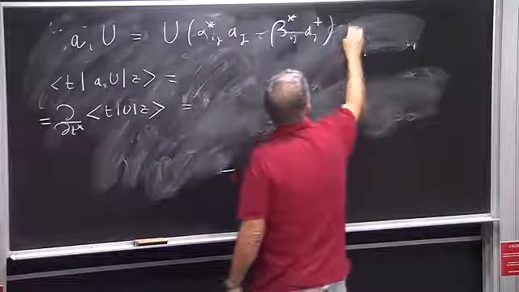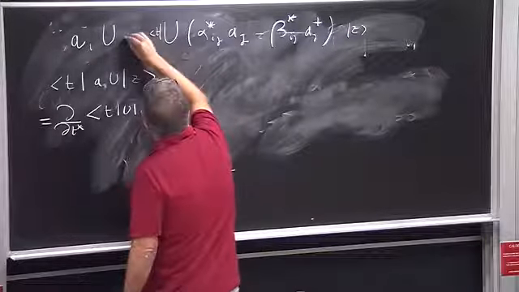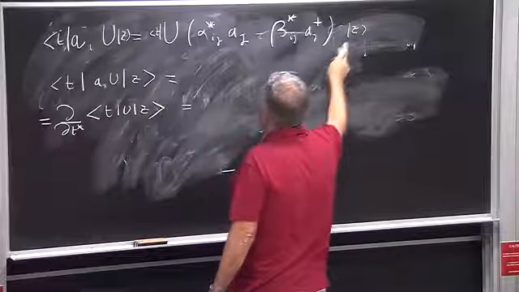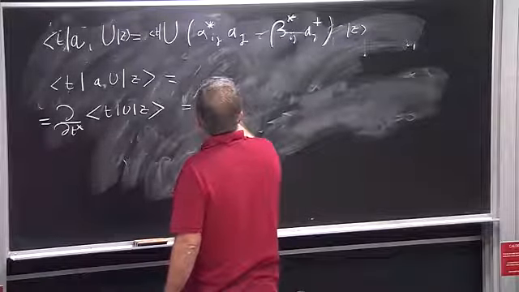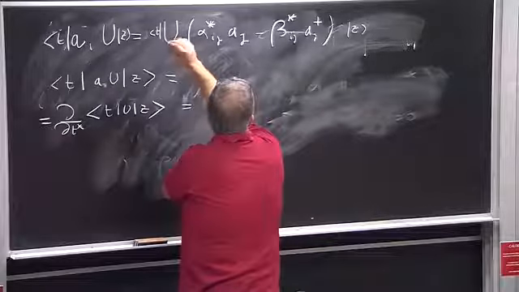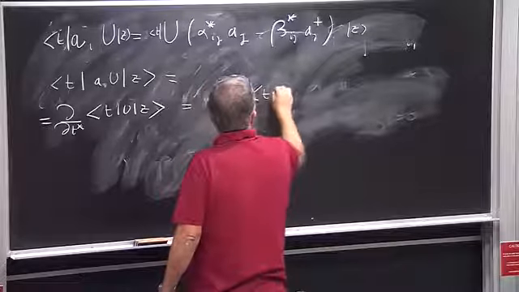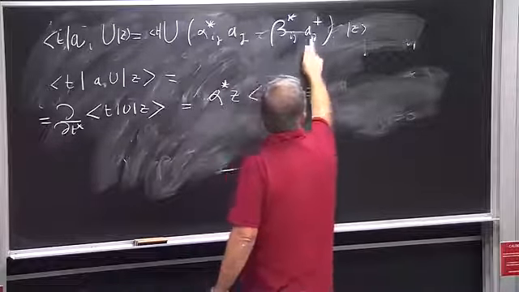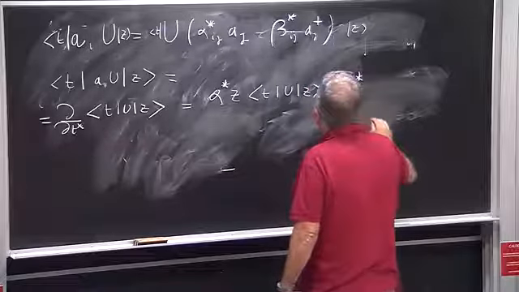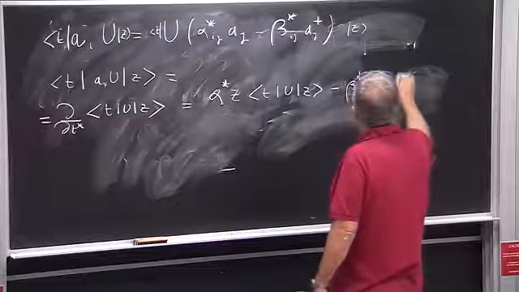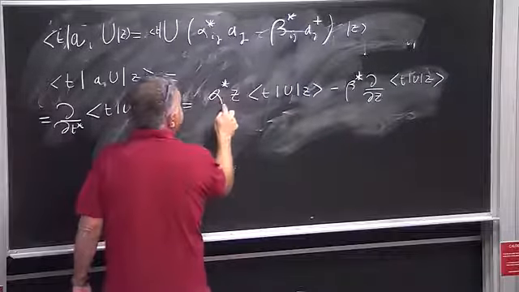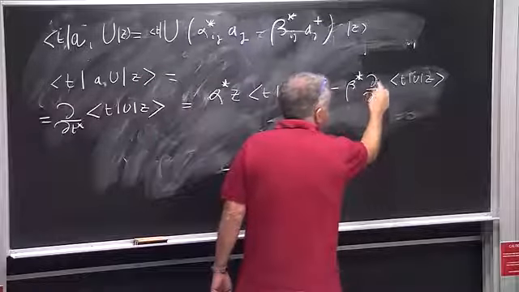So A acting on Z is Z, so we get alpha star Z T u Z, and A dagger acting on Z is d over dz minus beta star d over dz, T u Z. Okay, this means obviously alpha star Ej Zj, and this is beta star Ej d over dzj.